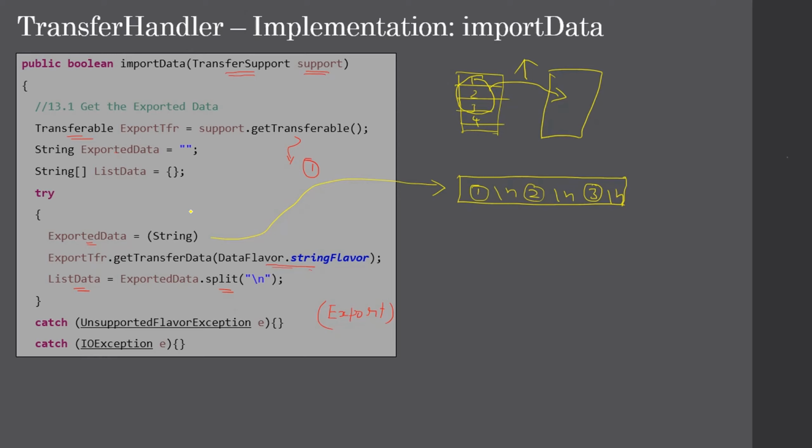This is nothing but string selection. Then from there we get the exported data by making a call to getTransferData. So getTransferData just returned this, and we collected that in the export data.